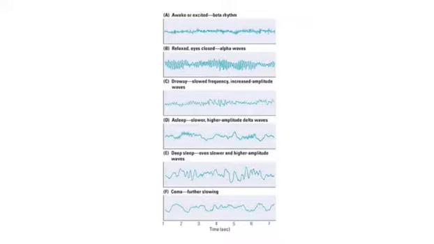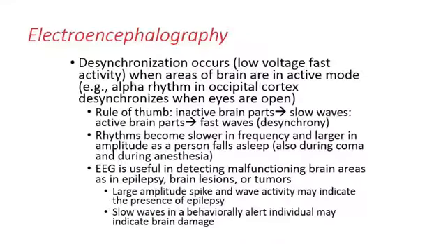When we're asleep, we can see these very slow waves, a little bit of activity here and there. Deep sleep is even slower and higher amplitude waves. This would be somebody who's in a coma where the brain waves are very, very high amplitude and very low frequency.